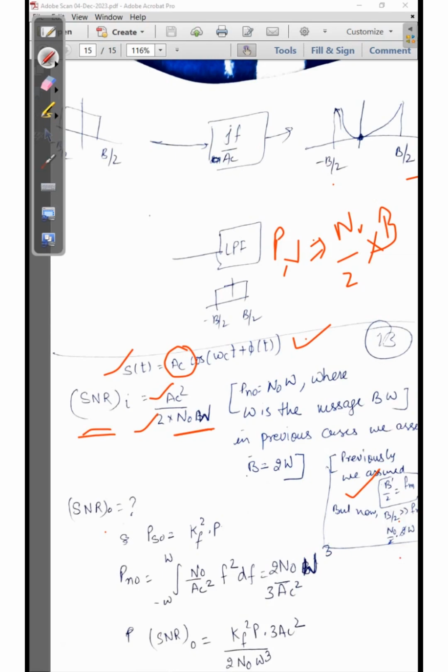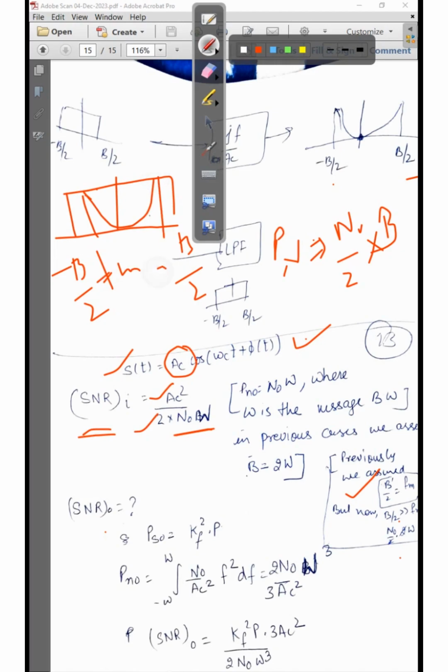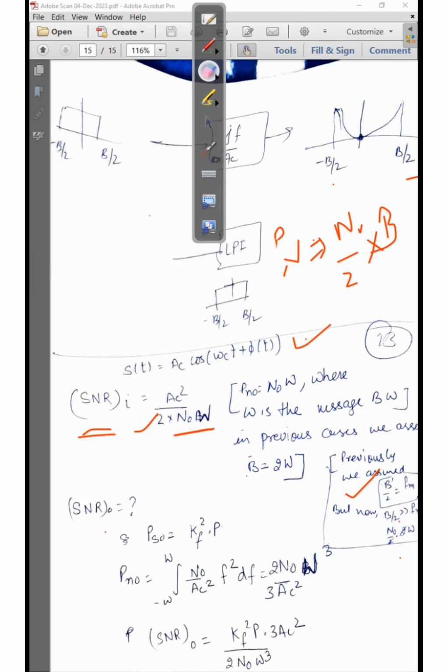If I plot here, this was the bandwidth, but in this case I am assuming that my bandwidth of signal is from minus fm to fm. So minus fm to fm, or I can say minus w to w.